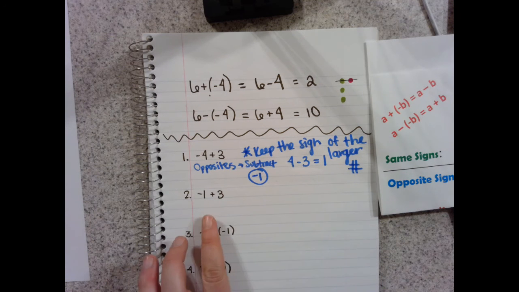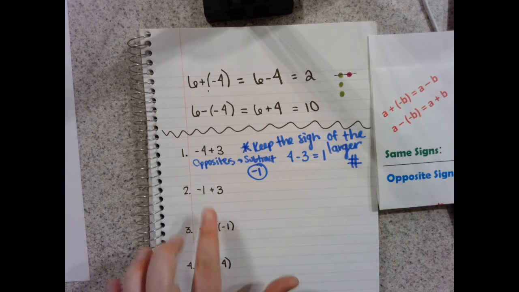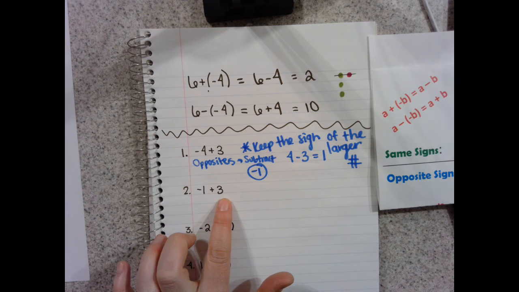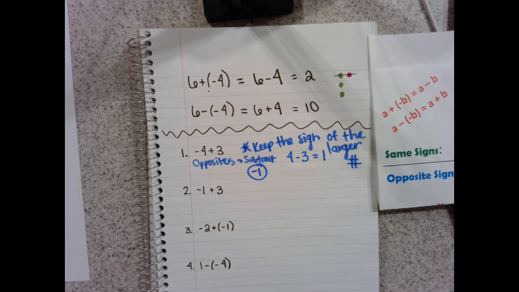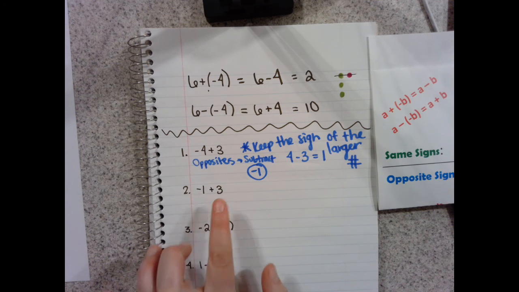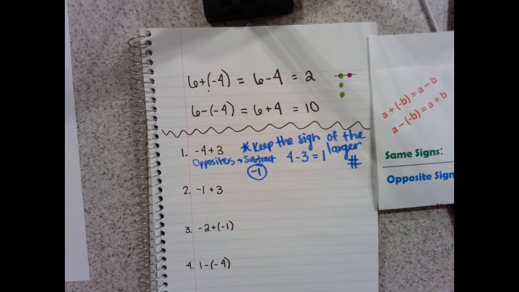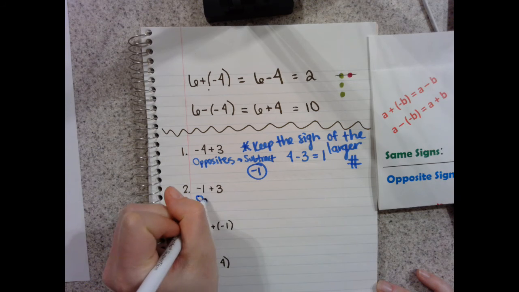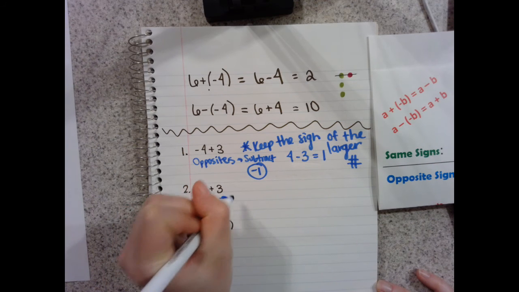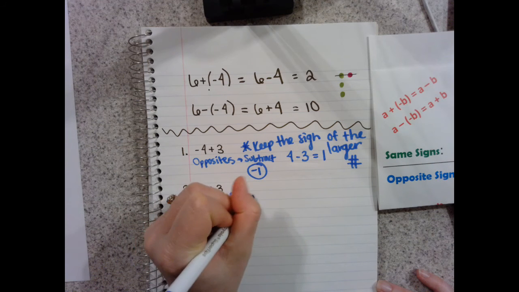All right, number 2, negative 1 plus 3. Is this an opposite signs problem or a same signs problem? Well, the 1 is negative, but the 3 is positive, so this is an opposite signs problem. Remember, opposites subtract.